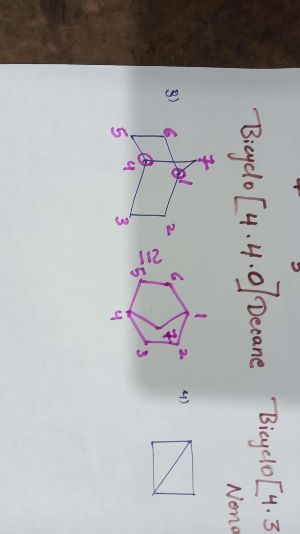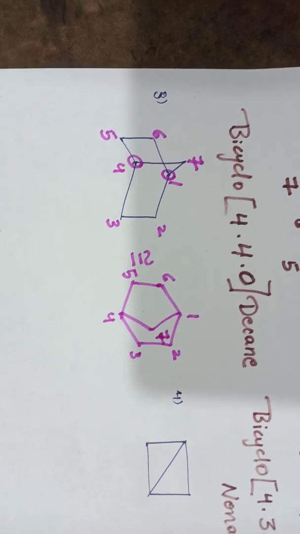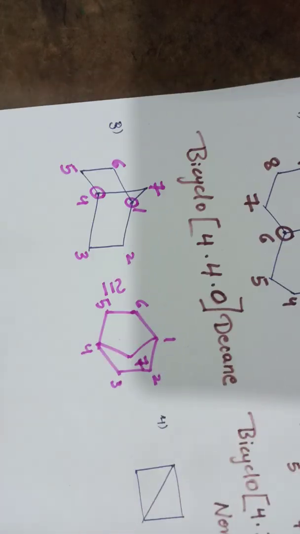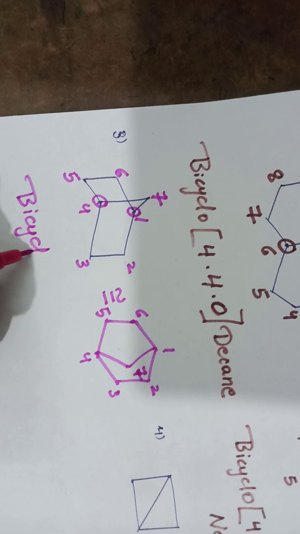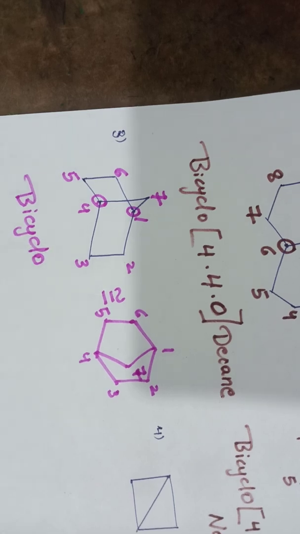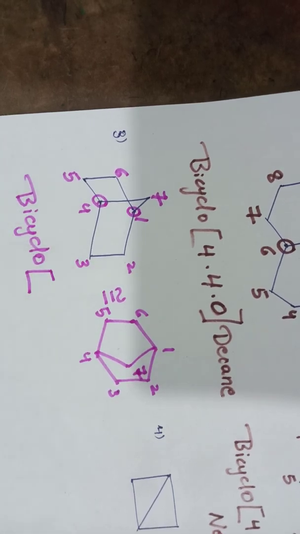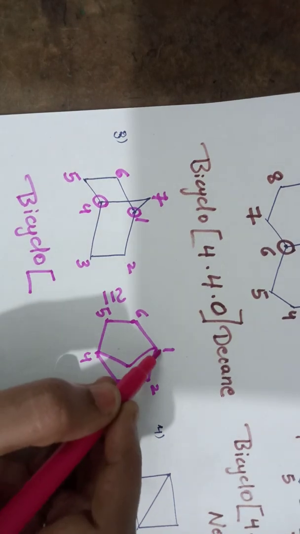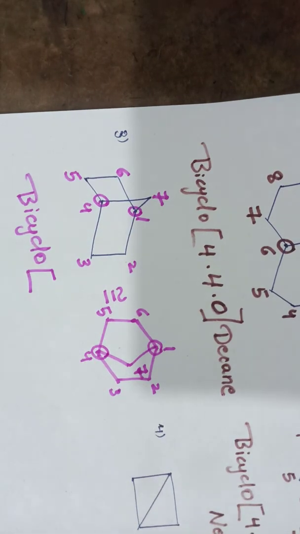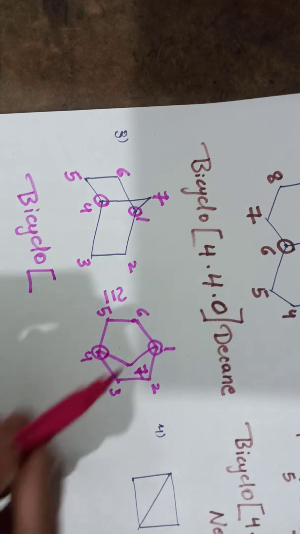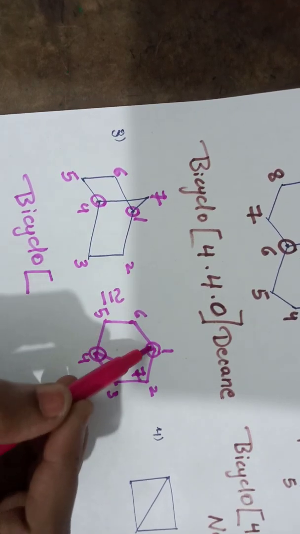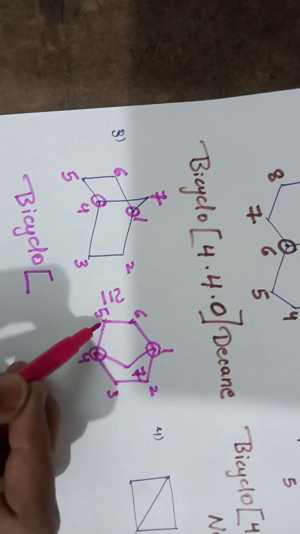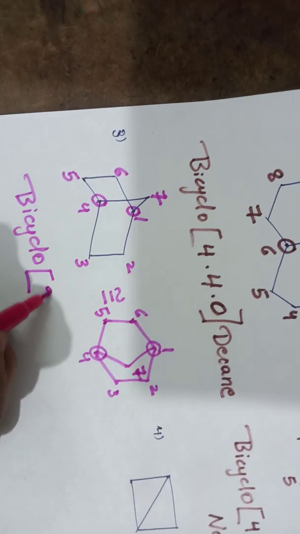Okay, is it clear? Now we have to consider the naming. Here also bicyclo X. X means other than these bridgehead carbons, how many carbon atoms are there. Here in this ring, other than these bridgehead carbons, we are having 2 carbon atoms, right? 2.